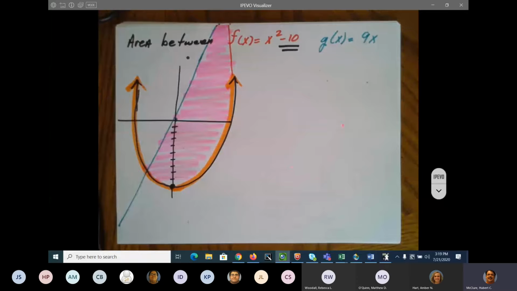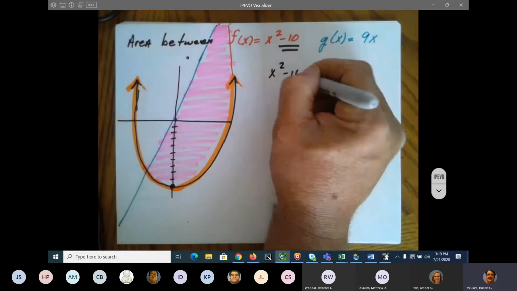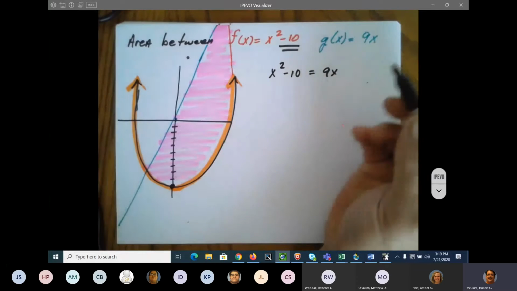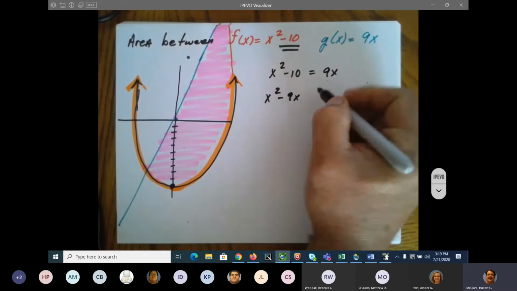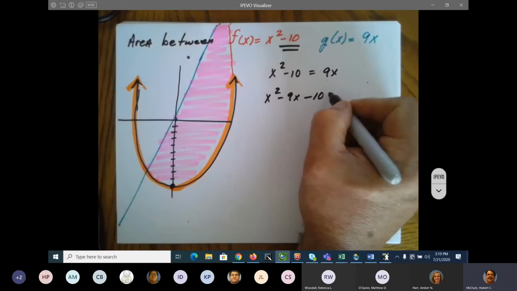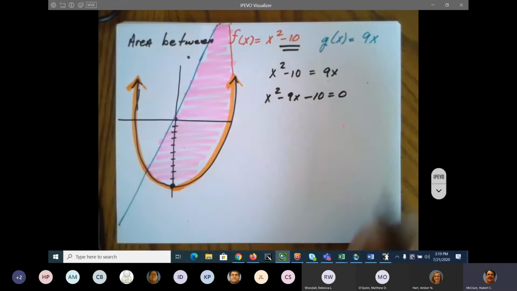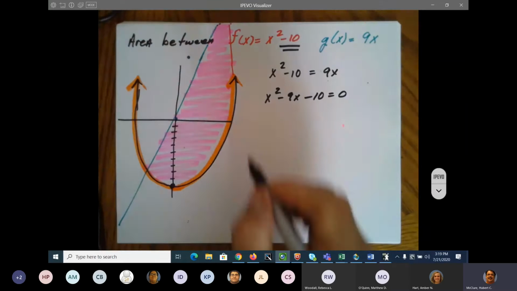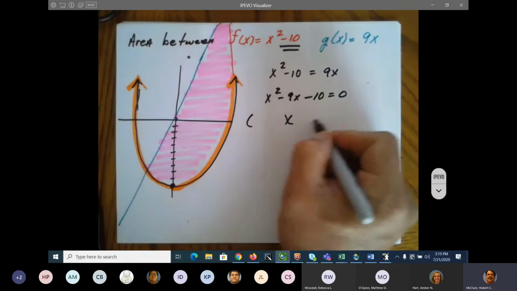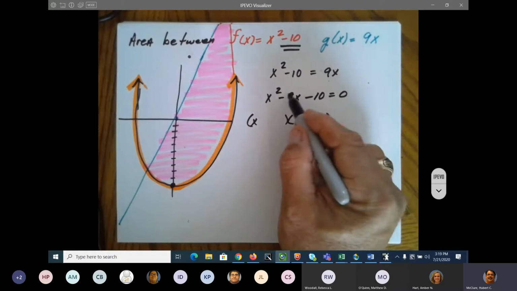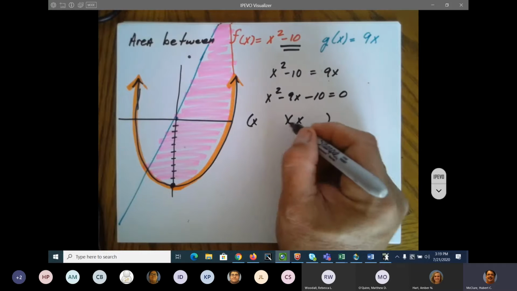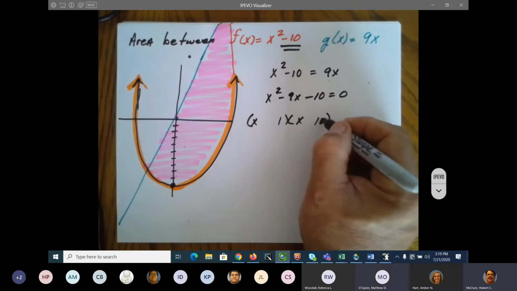So now you just have to find the intersection, and that's going to be x squared minus 10 is equal to 9x. x squared minus 9x minus 10 is equal to 0. Use your reverse FOIL, x, and we want a -9, so I'm going to put a 1 here and a 10 here.